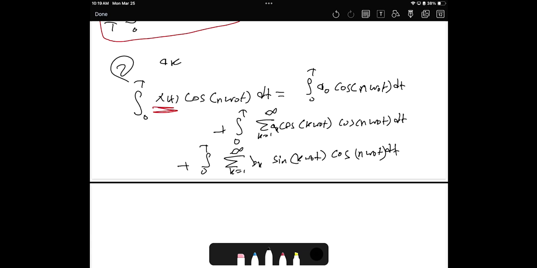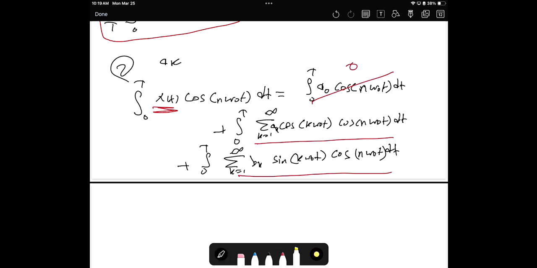Okay? Now we have the complexity in evaluating the integrals. The integral of the cosine alone itself over a period of time is 0, right? Now the other thing is how can I calculate this term and this term?